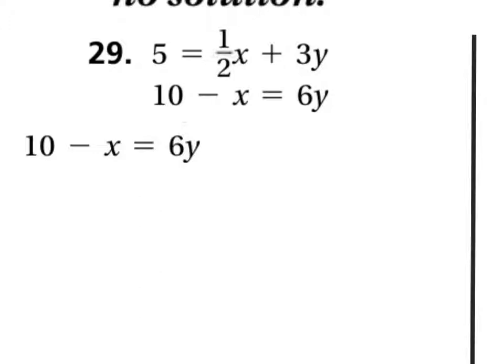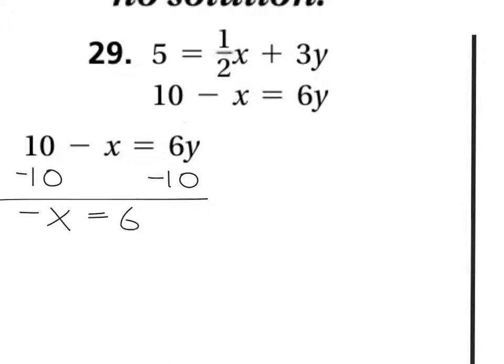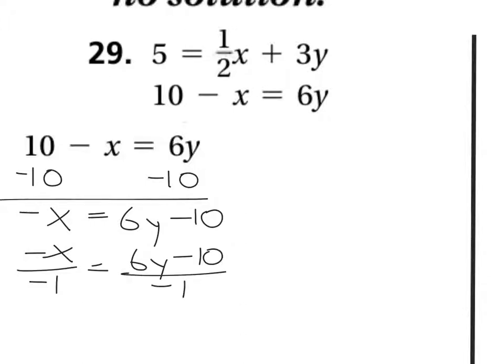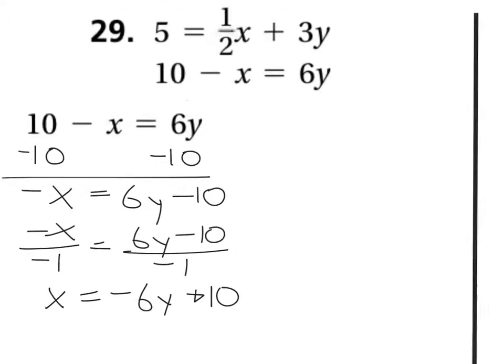I'm going to do something slightly different, which is subtract the 10 from both sides. So you get negative x equals 6y minus 10. And what's in front of x? It's negative 1. So I'm going to divide everything by negative 1, essentially changing the sign, to get x equals negative 6y plus 10.